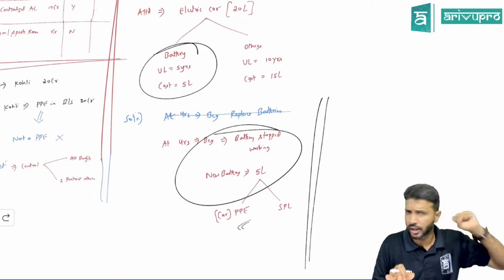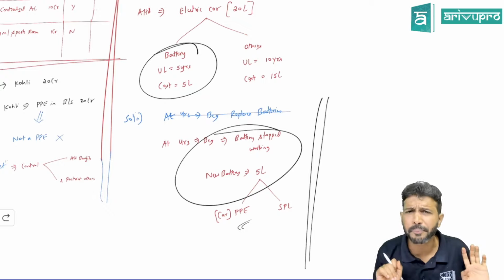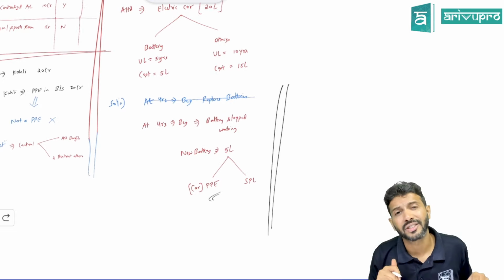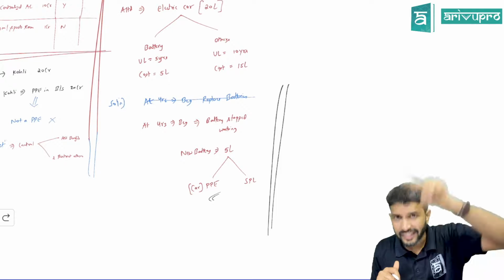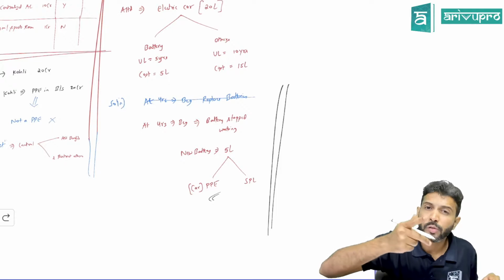The old battery will be removed and replaced with a new battery. That's what the company has done. Yes? Okay. Now think on these lines. Is the old battery there in the car, or has it been removed? It's been removed.